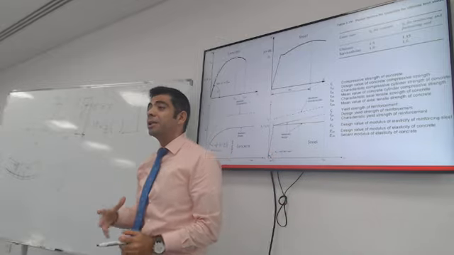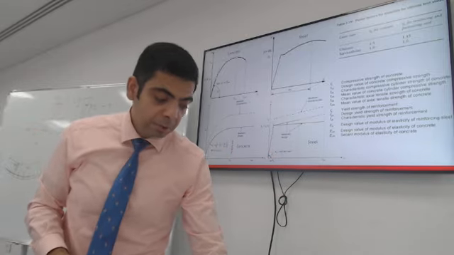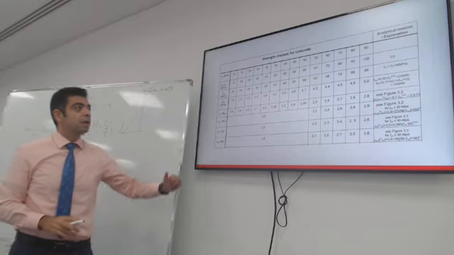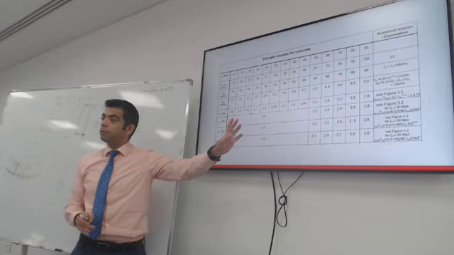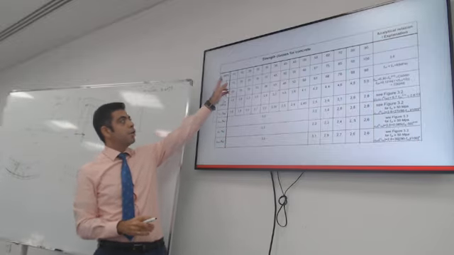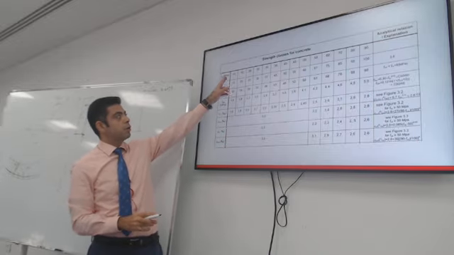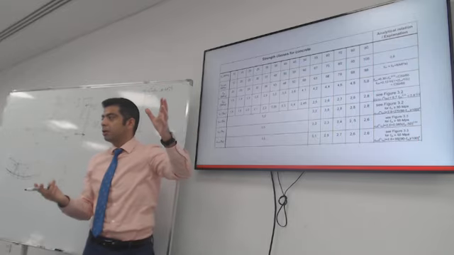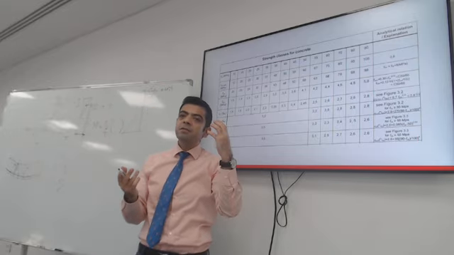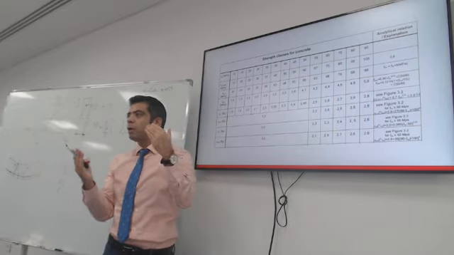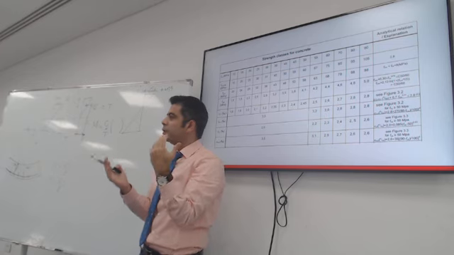So where do we get this number? There is a table in the Eurocode that will tell us the strength of concrete, or the class of concrete. So when I say the class of concrete is like 40/50, what does that mean?